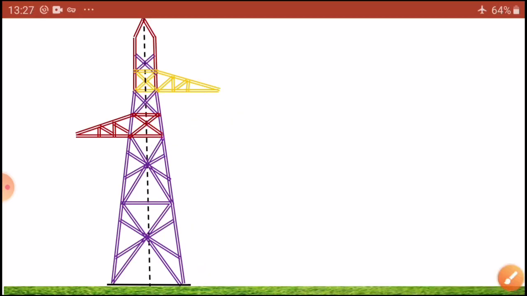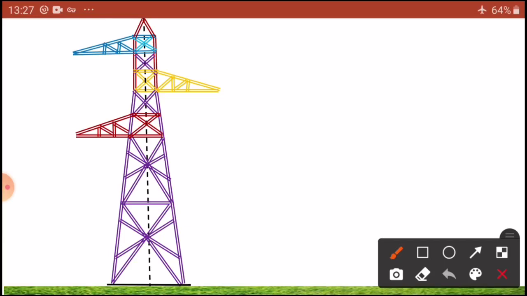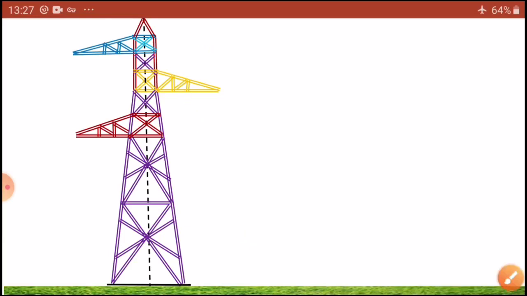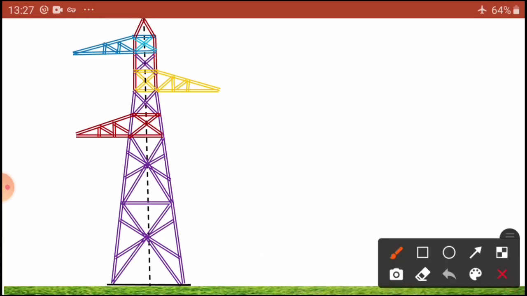Now after that, the remaining phase is the B phase. Okay, so what is that B phase? From this height to this height, 2.6 meters.